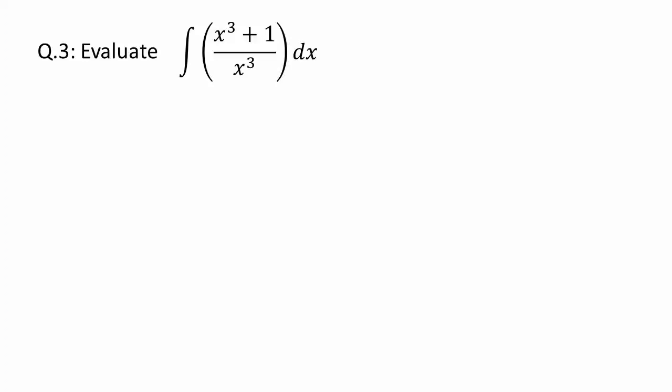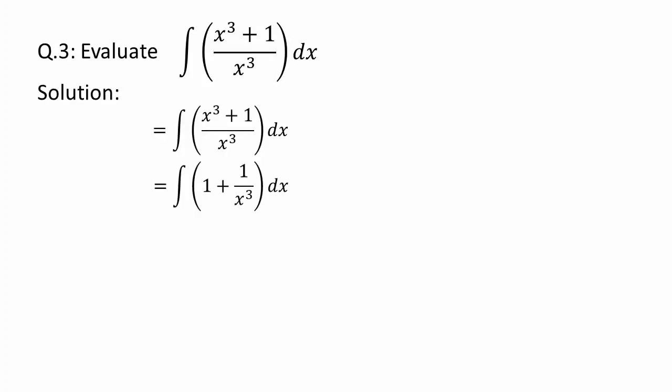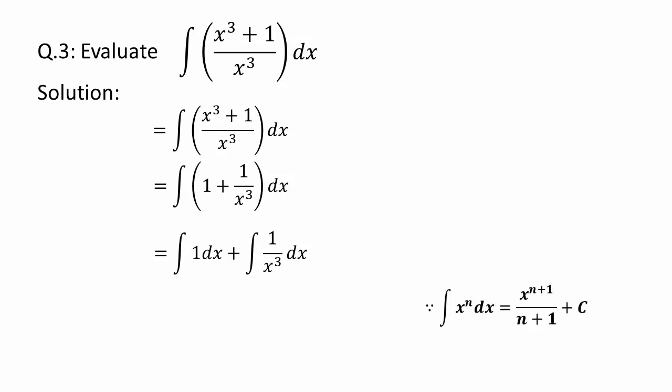Next question is, evaluate the integral of x power 3 plus 1 divided by x power 3 dx. Now dividing both terms by x power 3, we get the integration of 1 plus 1 over x cube dx. Now taking separate integrals, integration of 1 dx plus integration of 1 over x power 3 dx is integration of 1, which is x, plus integration of 1 over x power 3, which we can write as x power minus 3 dx.